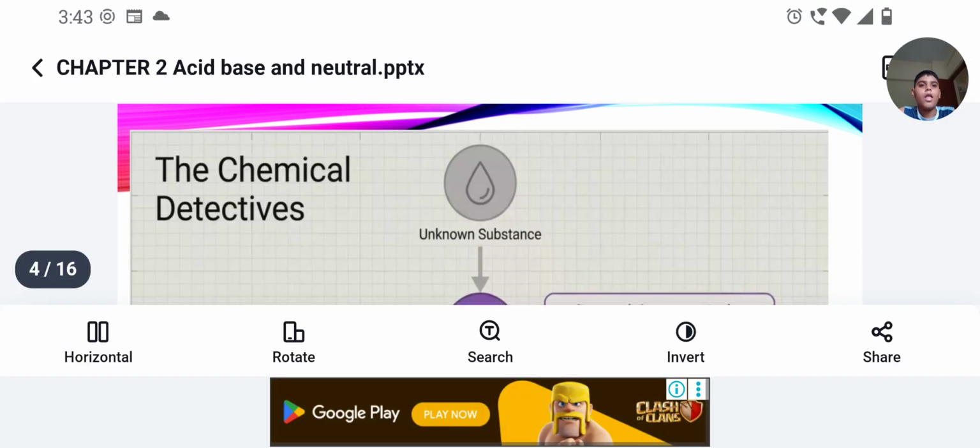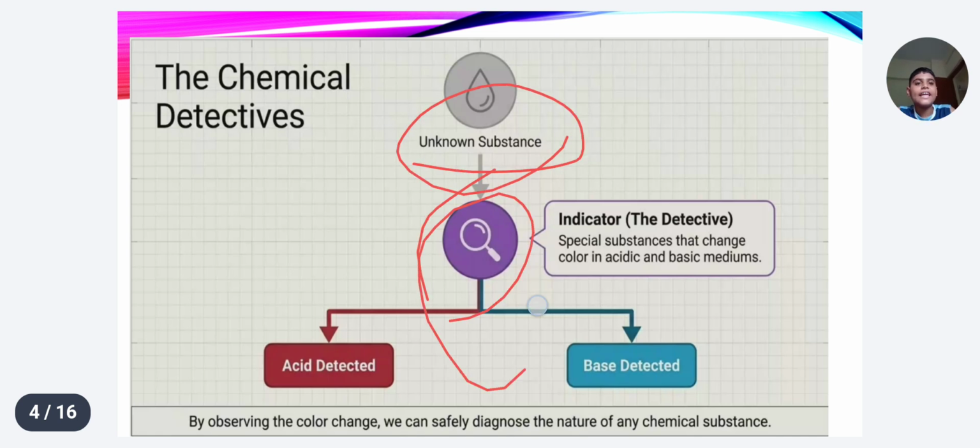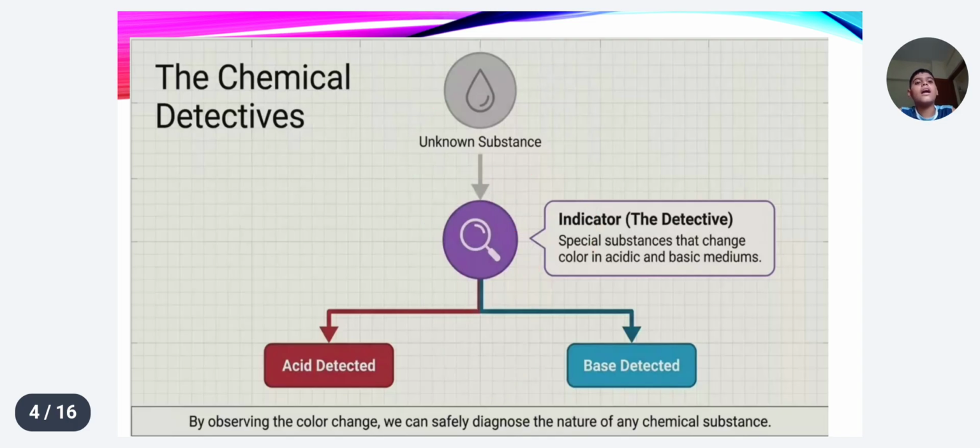Now, the chemical detectives, and how will we actually know? So first we will take an unknown substance. This is an indicator. We will read about indicators first. I will show you the slide afterwards.